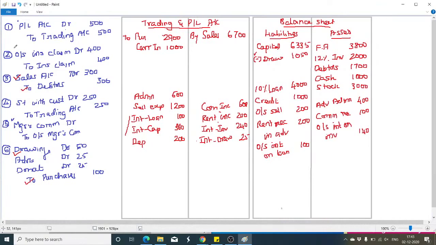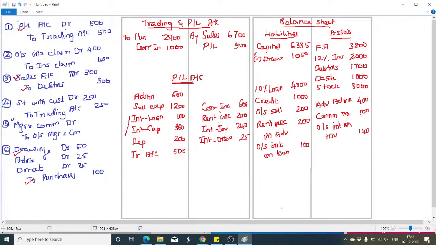So first one, P&L account debit, trading account credit. So here in trading account, I'm going to write this as profit and loss account 500. Second part will be the profit and loss account. Second part, here it is profit and loss account, right? In profit and loss account, I will write here being to trading account. Is it clear? This is how the abnormal loss will be posted.